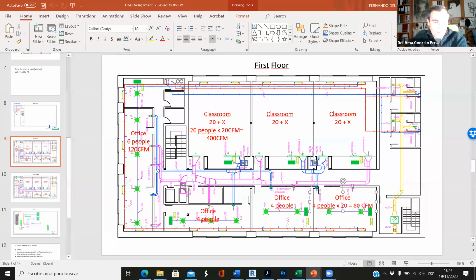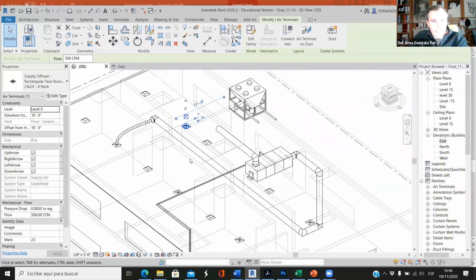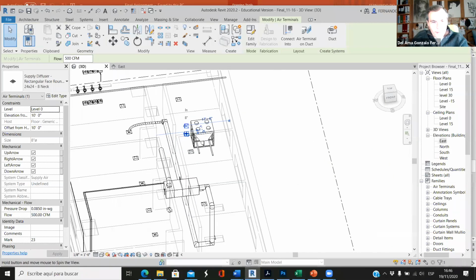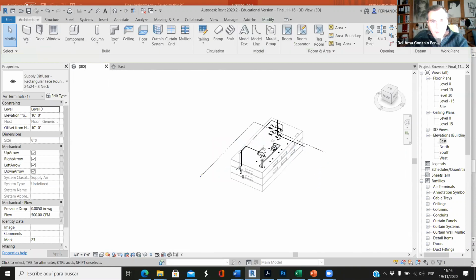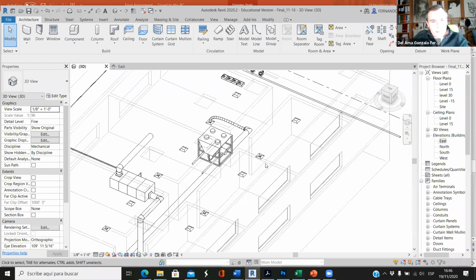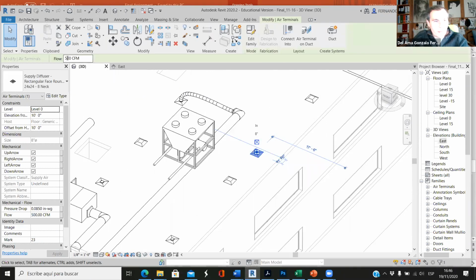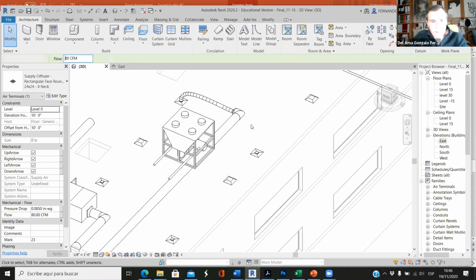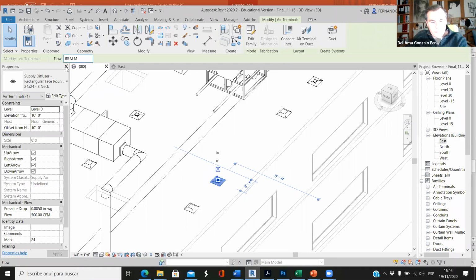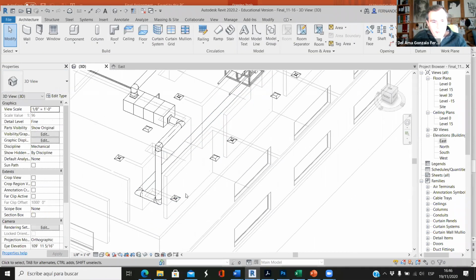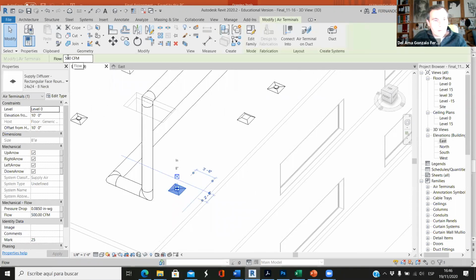So 4 times 20 is 80. So for these supply diffusers in the office space, each supply diffuser is 80 CFM. So I select this, it's 80. And I select this one, and this is 80.